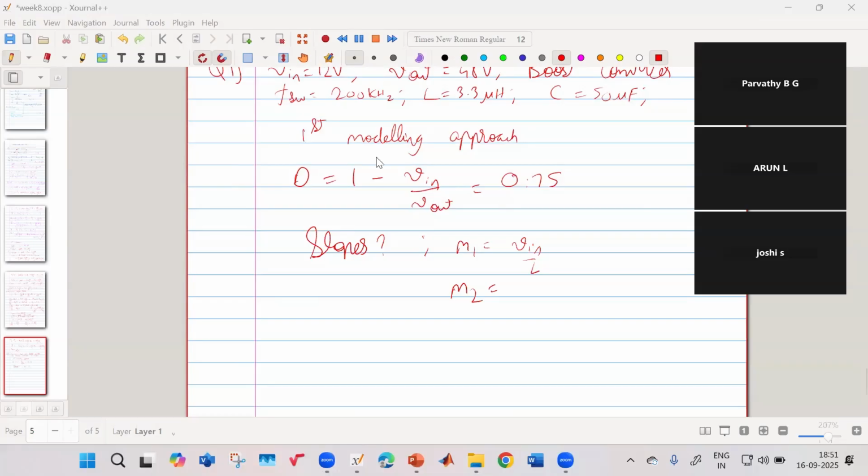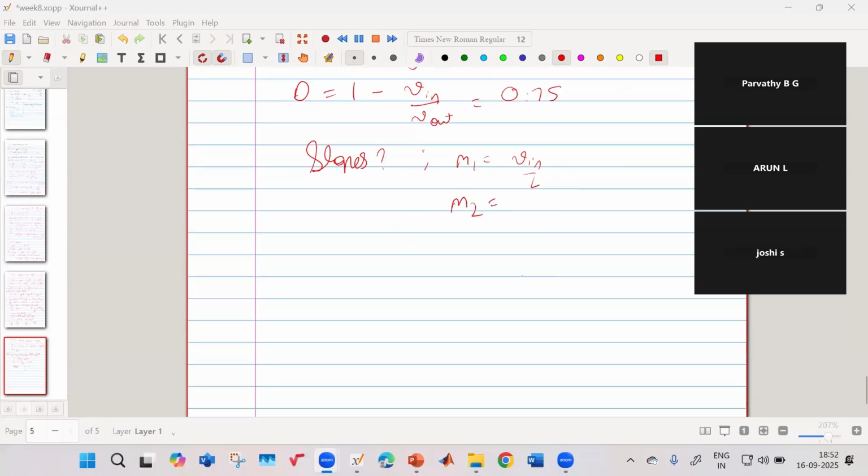V in minus V0 by L. Both of you are saying the same thing, that it is V in minus V0 by L.